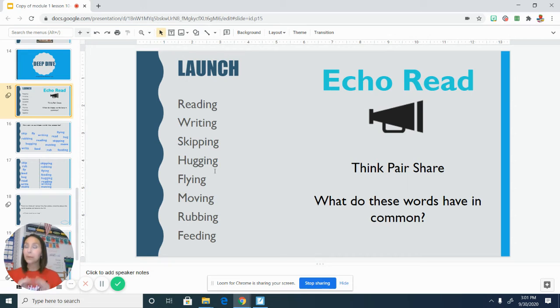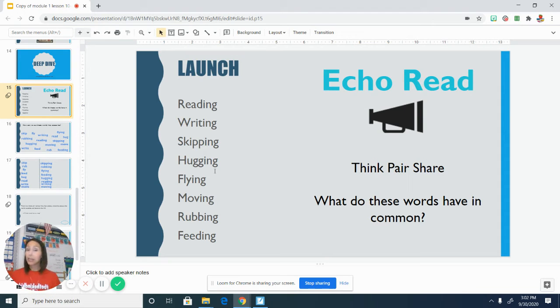All right, so remember last week we talked about past tense verbs. And past tense verbs means that it's an action or a verb that happened in the past, right? And does anybody remember what did we add to our verbs to make them mean in the past? That's right, ed. Well, ed is a word ending, and so is ing.